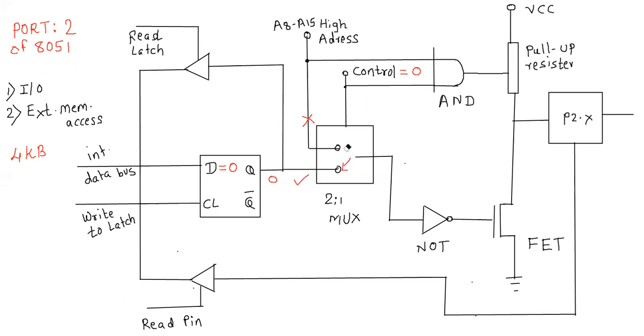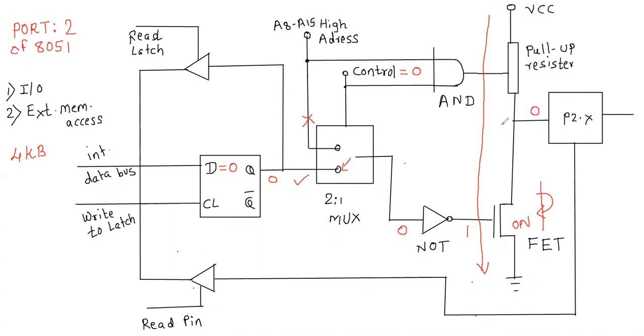So when the switch is connected at this position, this 0 will appear at the input of the NOT gate, and this will be inverted and this microcontroller will turn on. The moment the microcontroller turns on, it will act as a closed switch and the entire VCC supply will be grounded. The moment the VCC supply is grounded, we are going to get a 0 at the port pin.